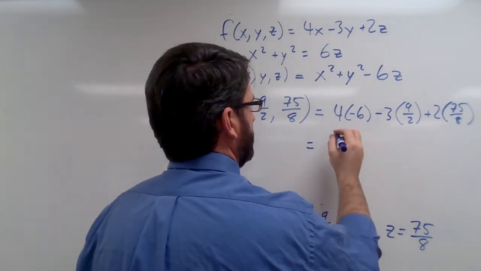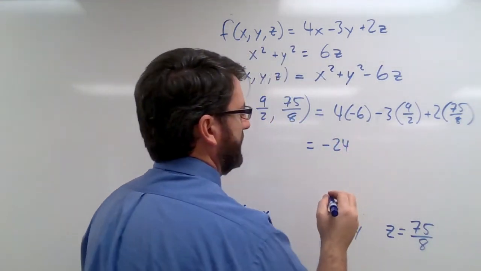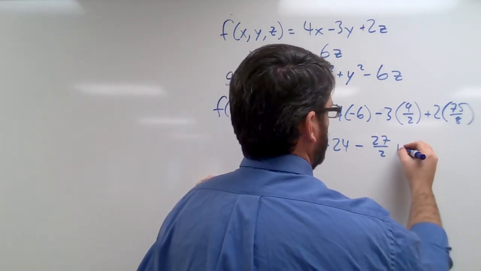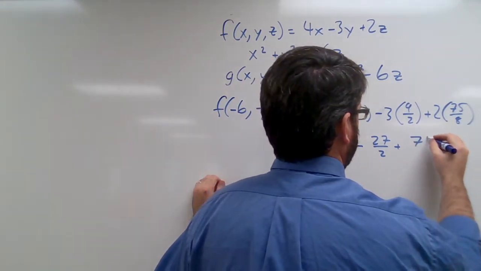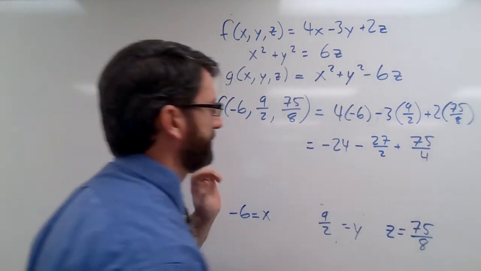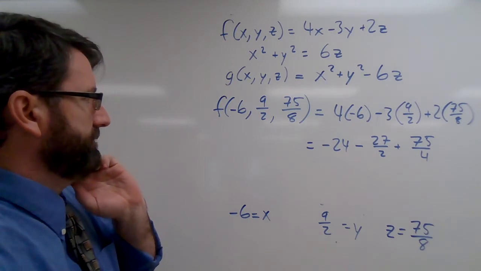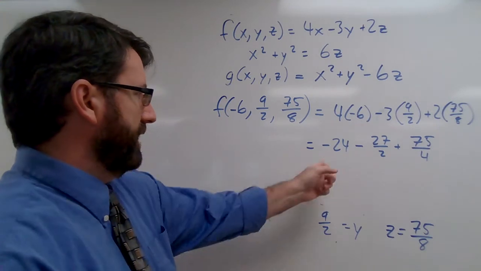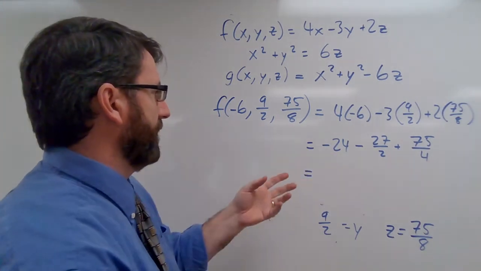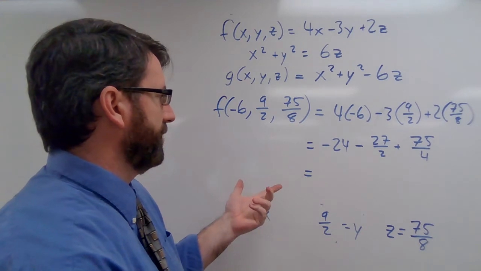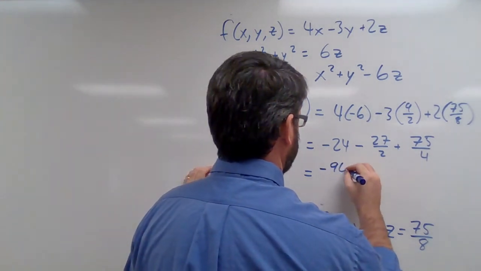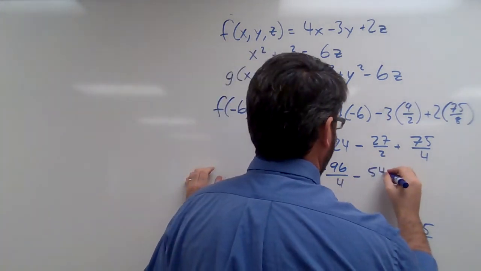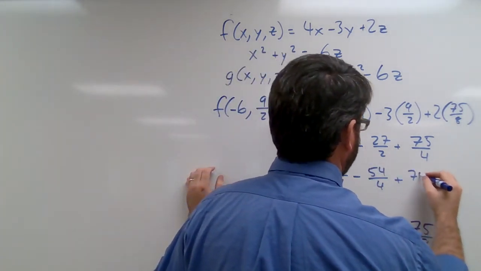All right, and so that is negative 24 minus 27/2 plus 75 over 4. All right, so 24 times 4 would be 96, so negative 96 fourths minus 54 fourths plus 75 fourths.